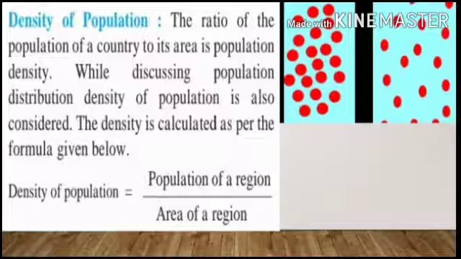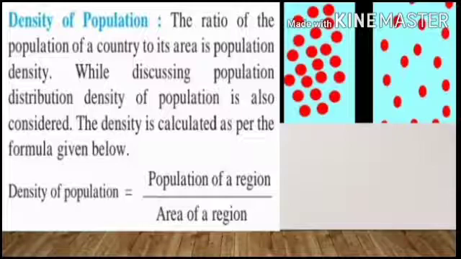The density is calculated as per the formula given below. Density of population is equal to population of a region divided by area of a region. From the area of a region and its population, one can calculate how many people live in a square kilometer.